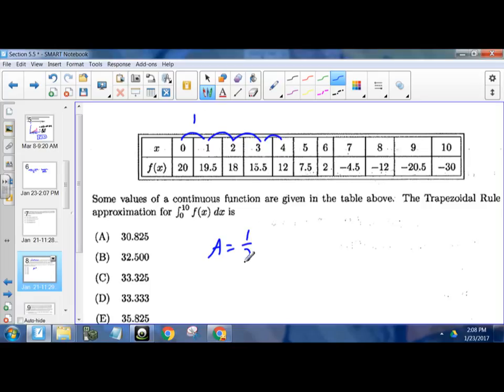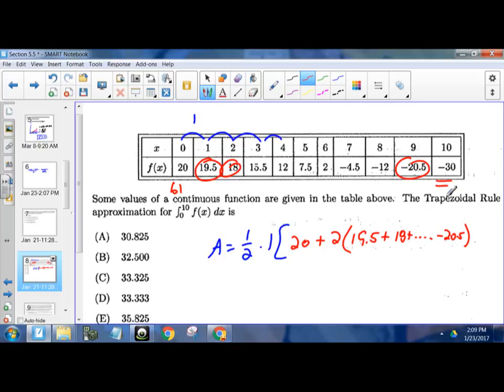So area equals 1/2 times h times, okay, b1 is not doubled, so times 20, plus, now we double all bases in between, because the right base of my second trapezoid and the left base of my third trapezoid will both be 19.5, so I have to double the 19.5, plus I double the 18, b3, and this goes on until I get to the very end, which is the negative 20.5, and I stop doubling, and I do not double the very last one, which would be the B11, which would be the minus 30.